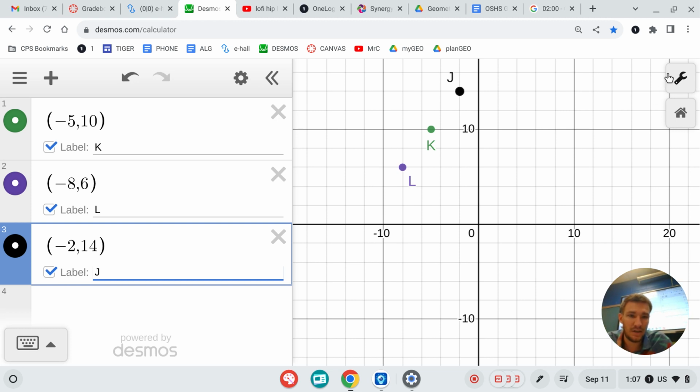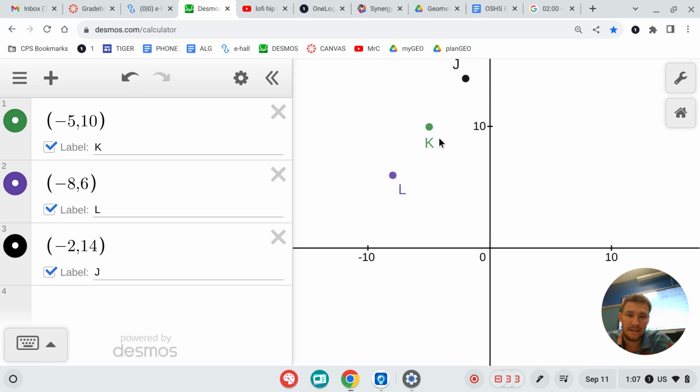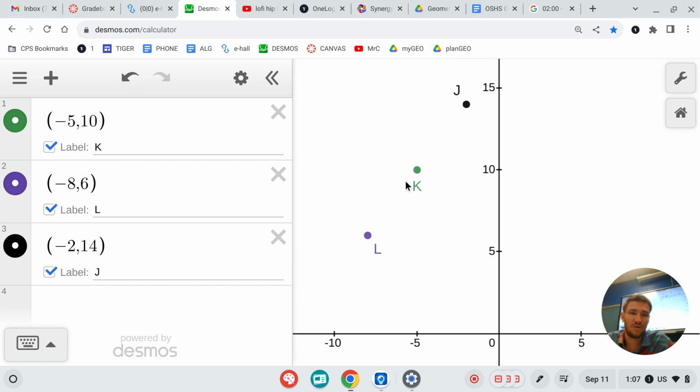And does it look like K is right in between these two? Yeah, looks pretty good. Does it look right in the middle? Does it look like a straight line? Perfect. Okay? All right.